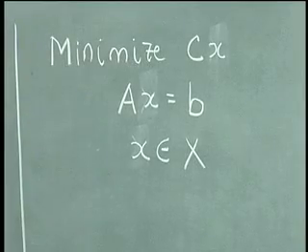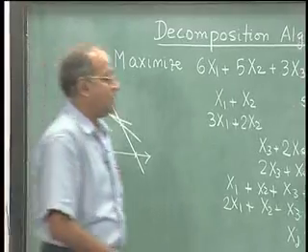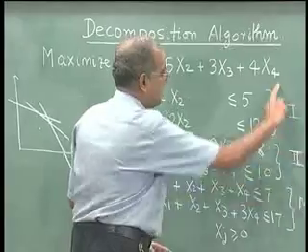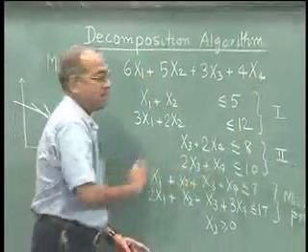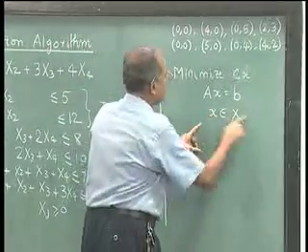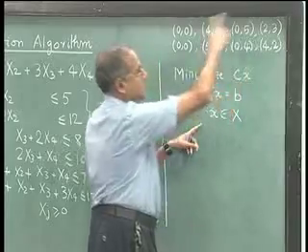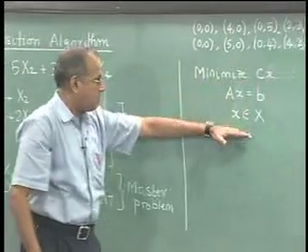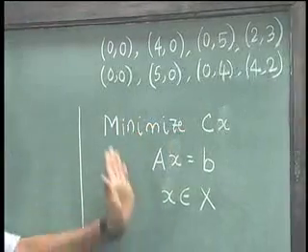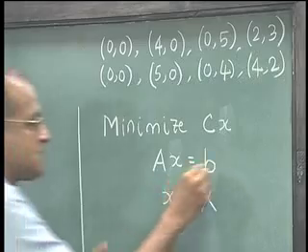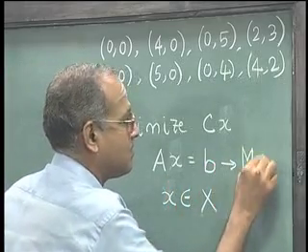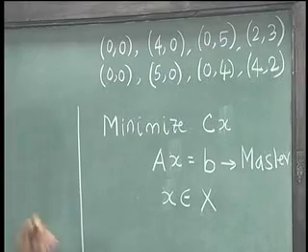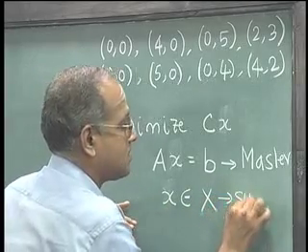Now, x belongs to X simply means that this X represents the set of corner points of these two. So, in some sense x belongs to X comes out of this. So, if we consider this problem, minimize Cx subject to Ax equal to b, x belongs to X, this is the master problem constraints and these are the corner points of the sub problems.